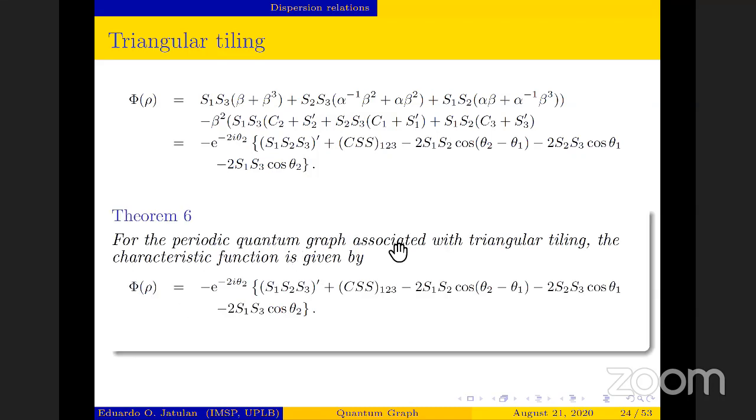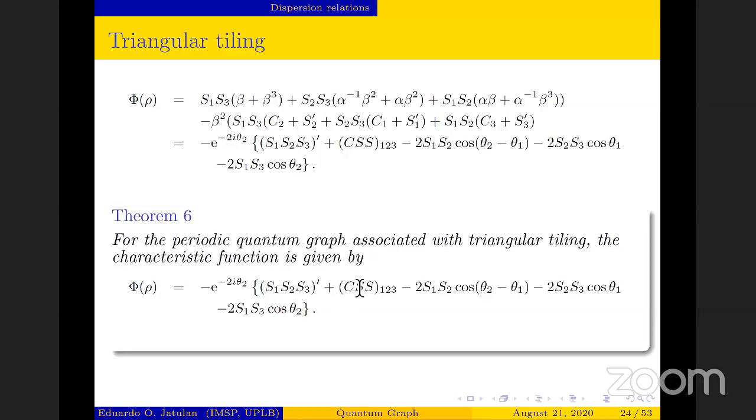For the periodic quantum graph associated with the triangular tiling, the characteristic function is given by this one. Here the notation is C1, S2, S3, C2, S1, S3, C3, S1, and S2.